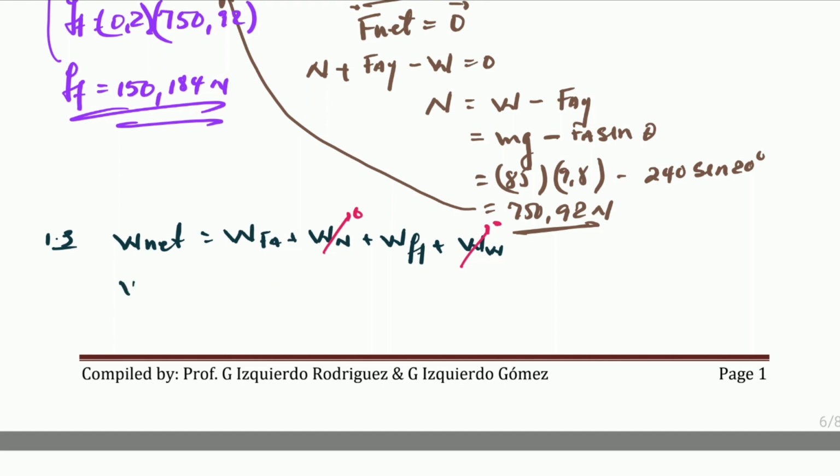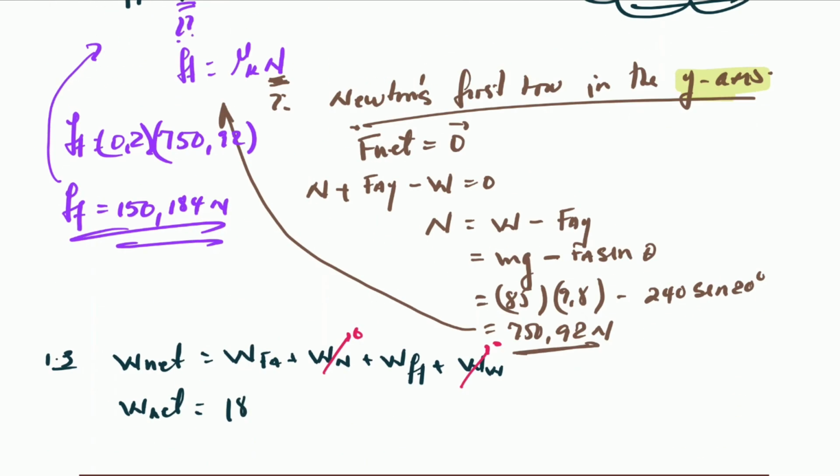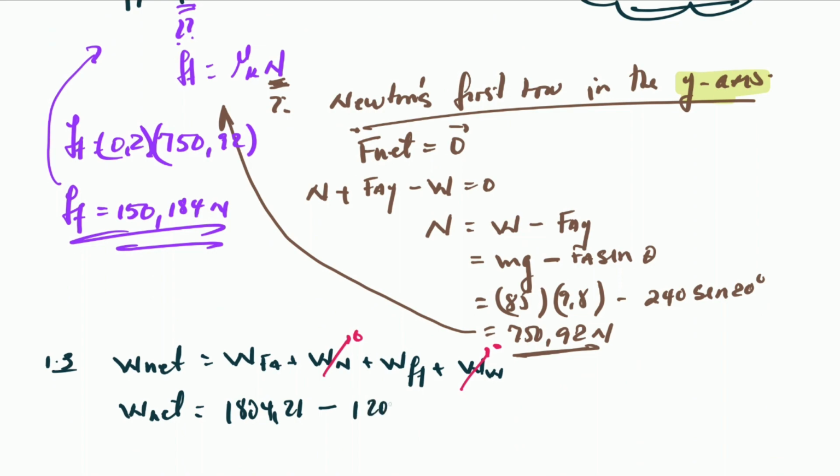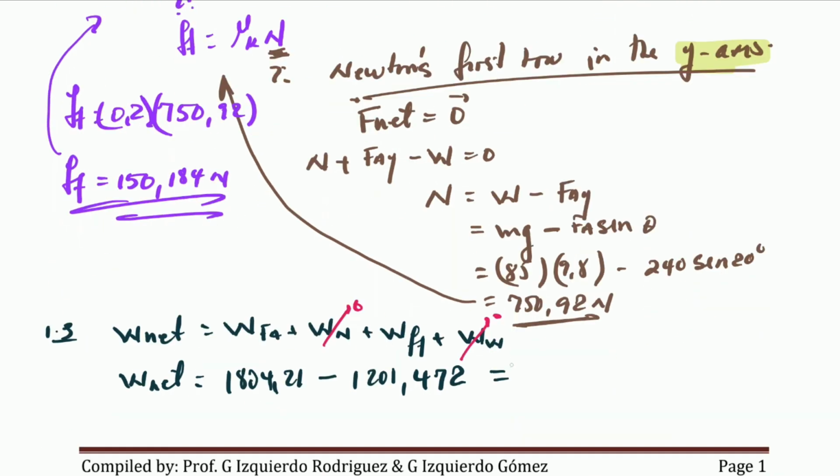So when you substitute here for the net work, the final answer for the net work is 602,738 joules. That is the final answer for net work.